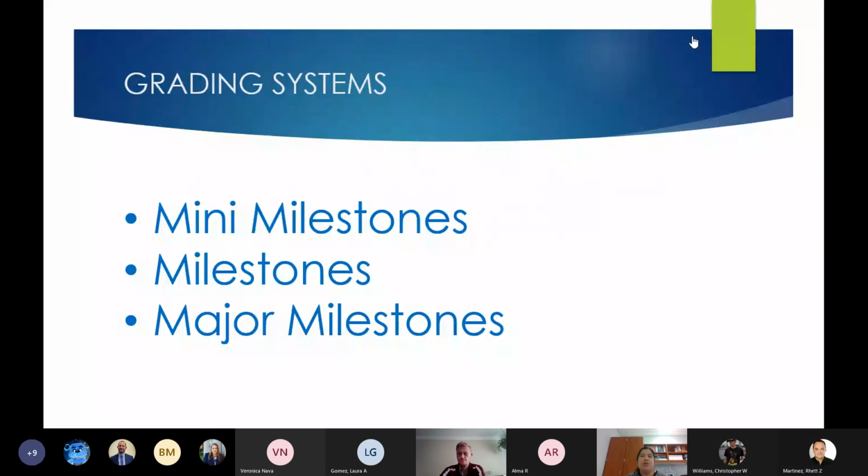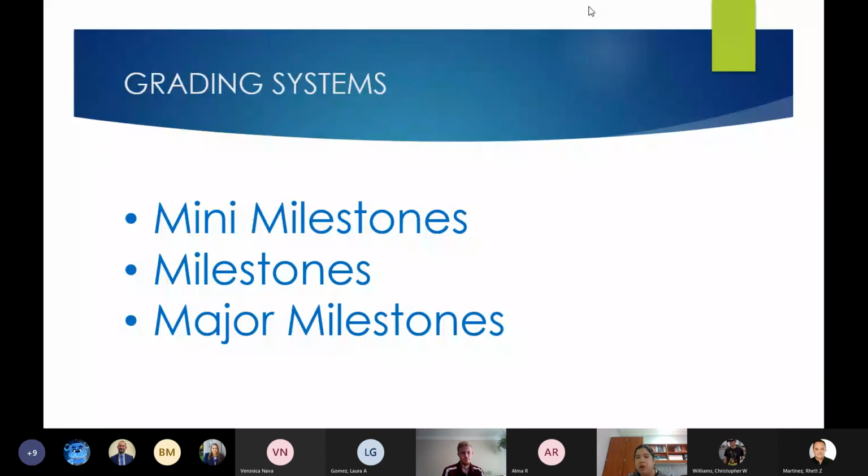All right. So for the grading system, most of us follow 20% for the mini milestones, 40% for the milestones, and 40% for the major milestones. The mini milestones can include the daily assignments, homework, and of course, this depends on the teacher, on how the assignments and how the grading is communicated to students.